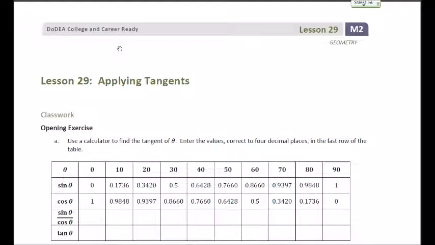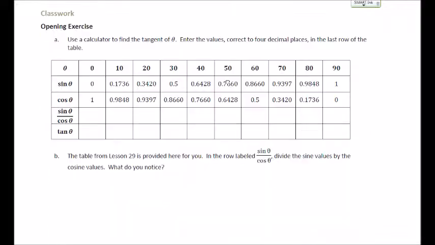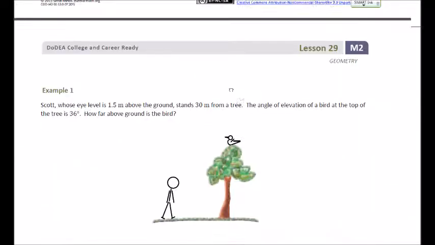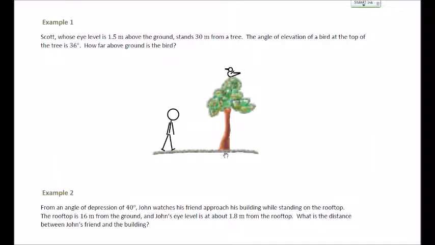The last question we'll do will be with lesson 29 about applying tangents, and we'll do example 1. So Scott, whose eye level is 1.5 meters above the ground, so here's Scott's eye, and this distance is 1.5 meters, stands 30 meters from a tree. This is not to scale because this is supposed to be 30 meters, and I doubt Scott is that tall.